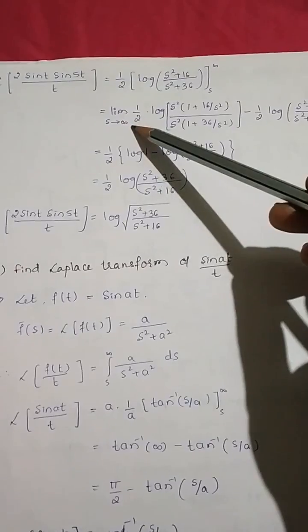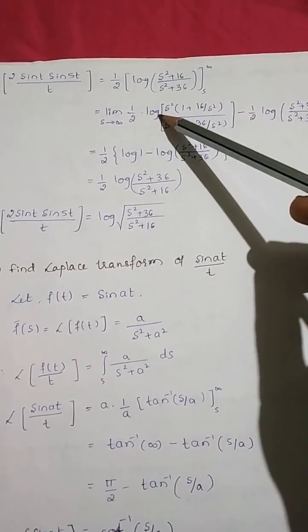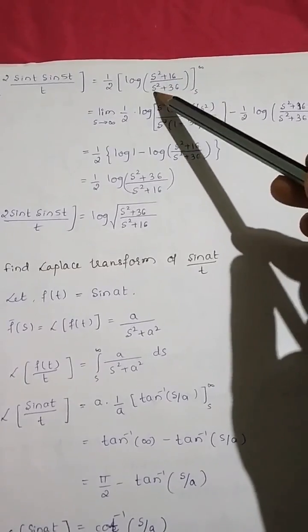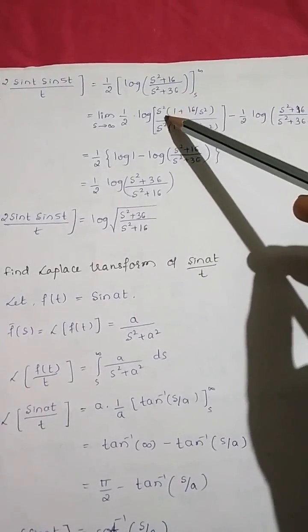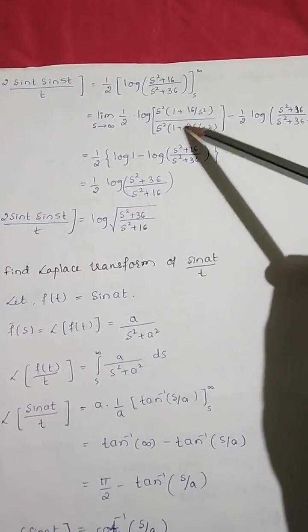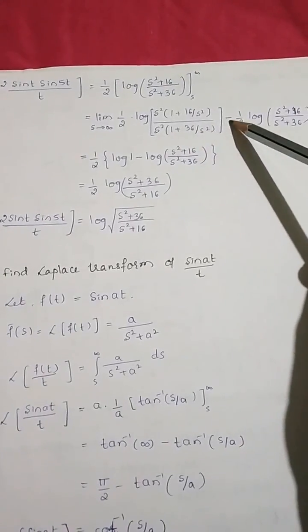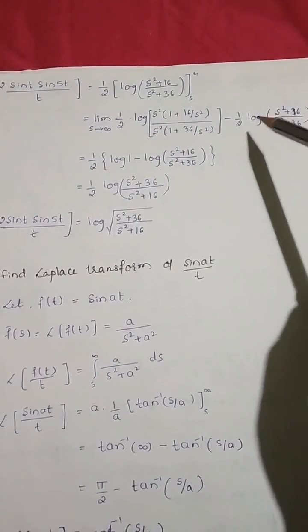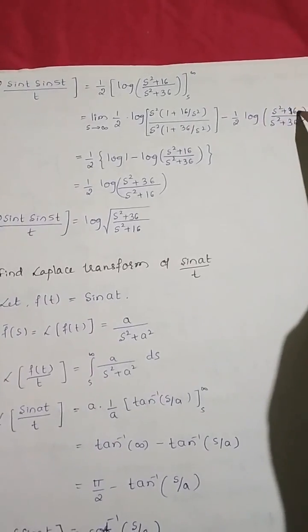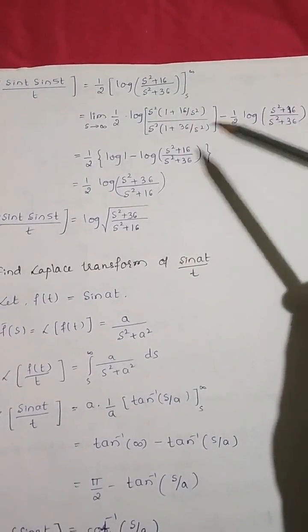As s tends to infinity, that is 1 by 2 log of s square into bracket 1 plus 16 by s square upon s square into bracket 1 plus 36 by s square, because we are applying infinite limits, minus 1 by 2 into log of s square plus 16 upon s square plus 36, where s is applied.